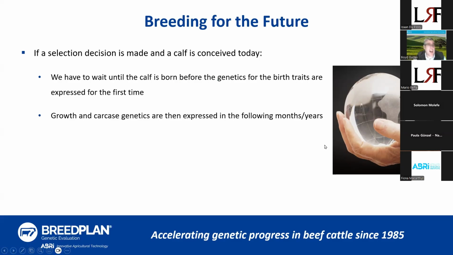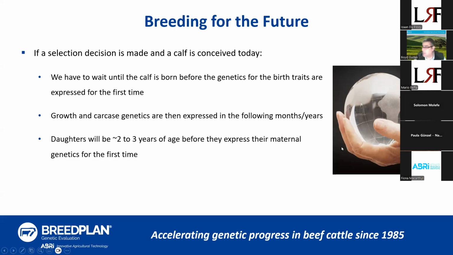Then it's only after that we actually start to see the growth and carcass genetics start to be expressed in the following months and years. And then daughters will be 2 to 3 years of age before they express their maternal genetics for the first time. So we're talking 3 or 4 years since that calf was conceived before it in turn is having calves itself on the ground, and we're seeing those maternal genetics being expressed.